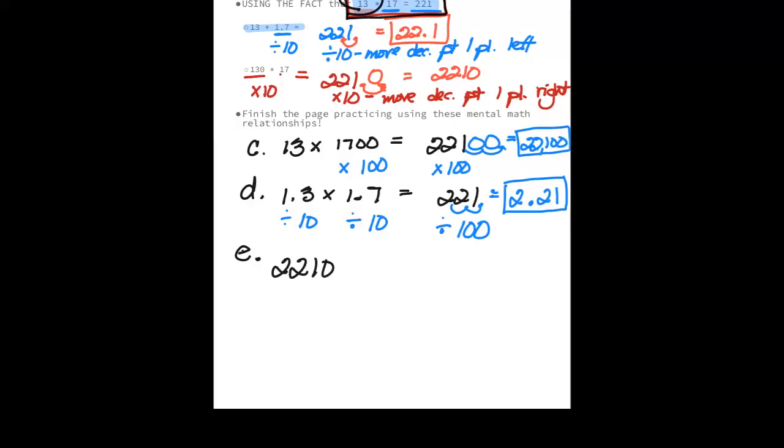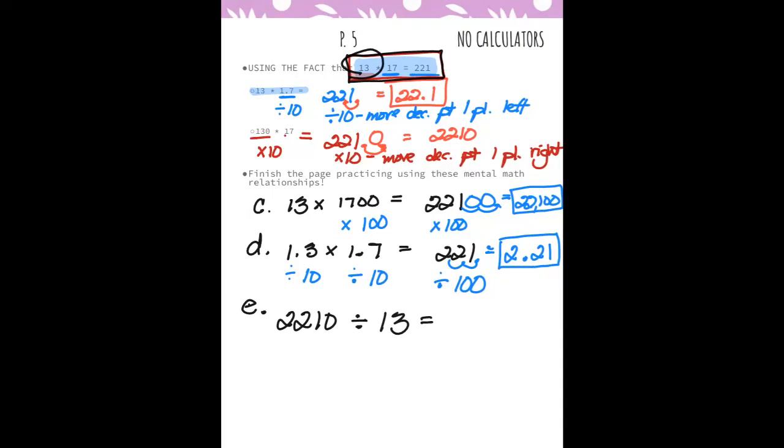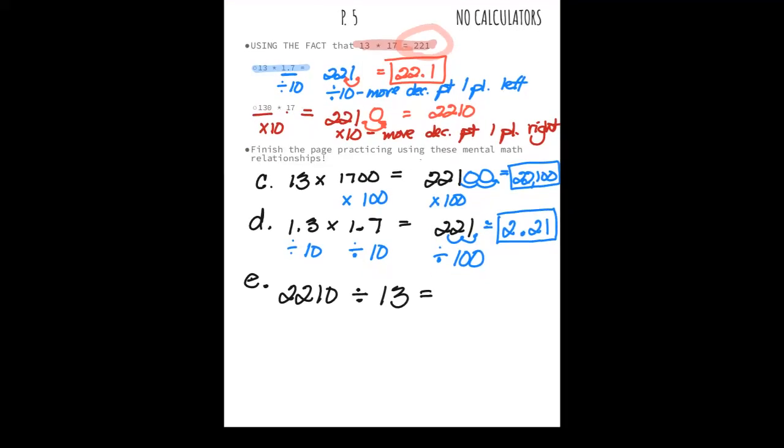2,210 divided by 13 equals. Oh, so now they started with the answer and they're kind of working backwards. Let me get rid of this so we can see this again. Okay. So 2,210. How did that change from 221? Here's 221.